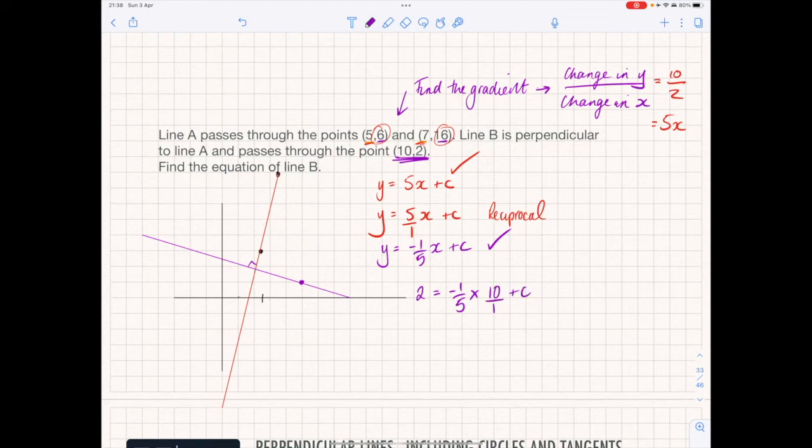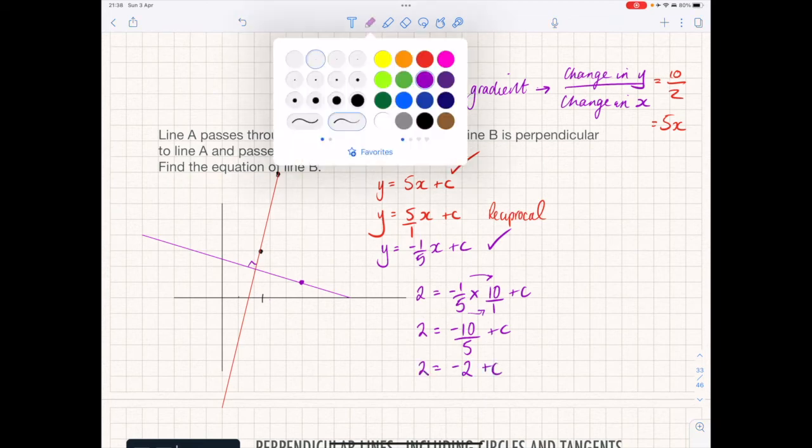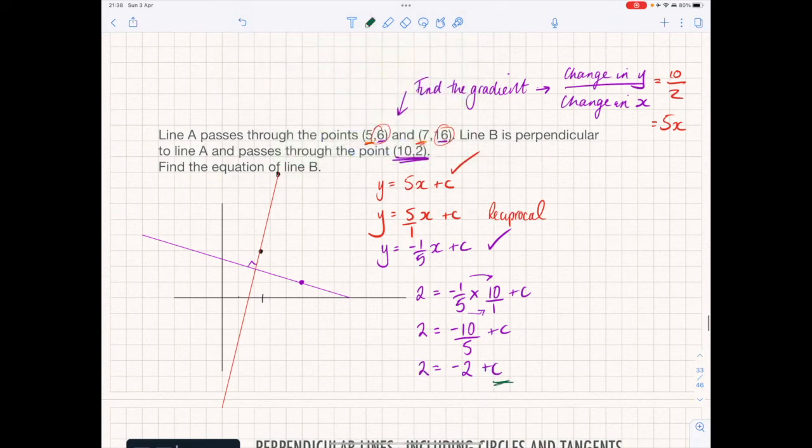Change that 10 to 10 over 1, so we times top by top, bottom by bottom, so it becomes minus 10 over 5. Well, minus 10 over 5 is actually just minus 2. And now, remember what we did previously, you need to isolate this c, so the minus 2 goes over, and it becomes a plus 2. So we're saying 2 plus 2 is equal to c, so c is equal to 4.